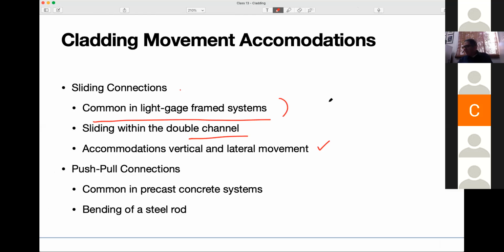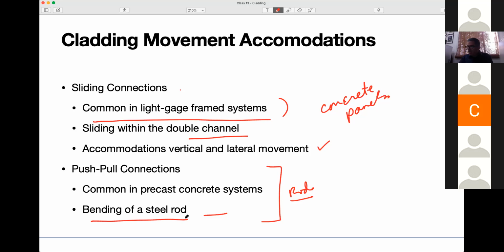We'll also have these with concrete panels. Push-pull connections, rods, you'll see that also in the concrete precast panel systems as well.